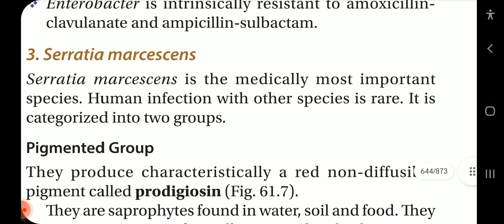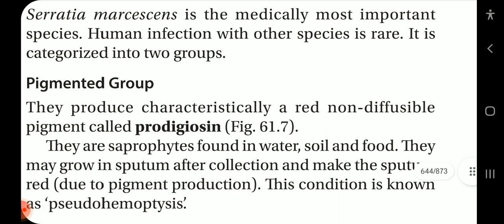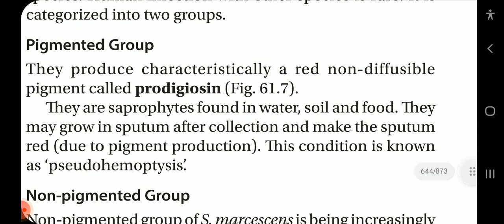Third is Serratia marcescens. Serratia marcescens is the medically most important species. Human infection with other species is rare. It is characterized in two groups. Pigmented group: they produce a characteristic red non-diffusible pigment called prodigiosin. They are saprophytes found in water, soil, and food.